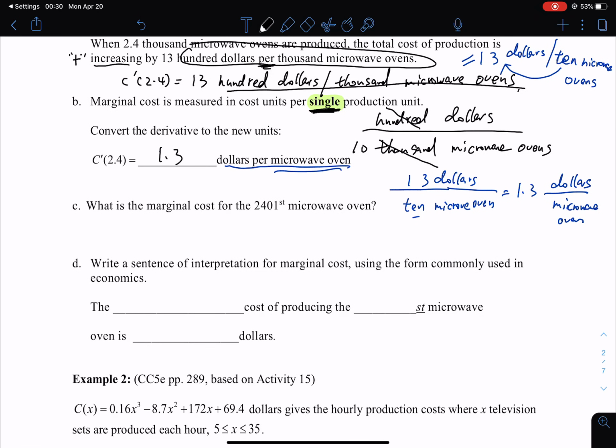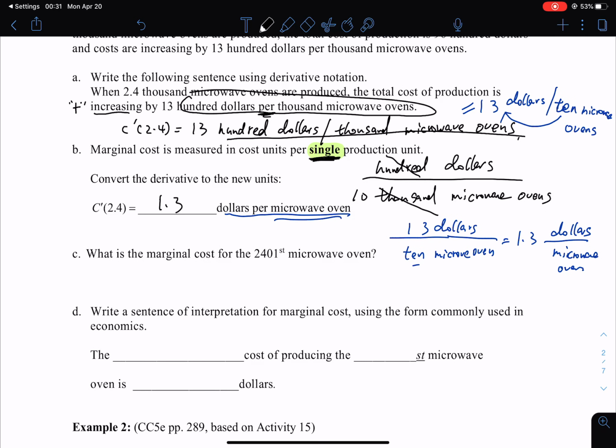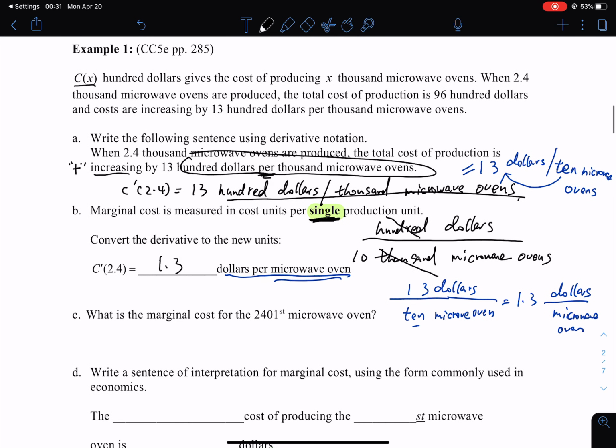And question C, what is the marginal cost for the 2,401st microwave oven? All right.